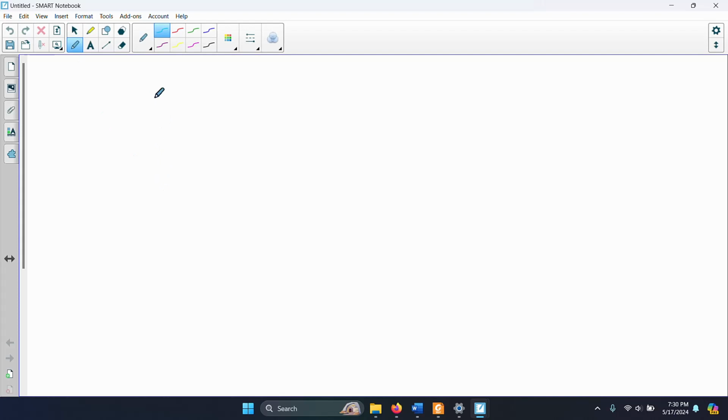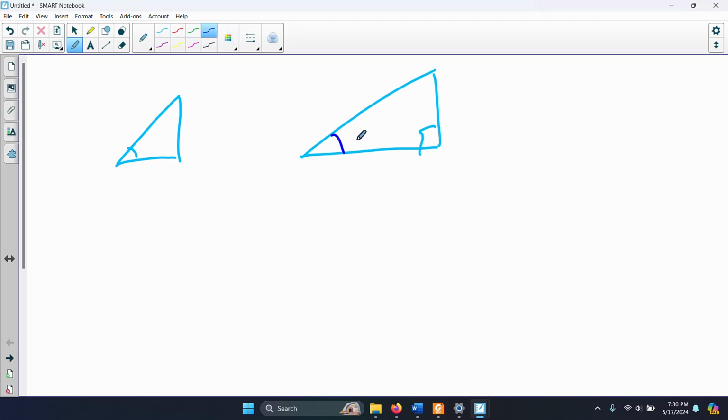Okay, so trigonometry is really, the basis of it is the study of angles within a triangle, and the relationship between the sides within the triangle and the angle that relates them. On a geometry basis, we typically start with a right triangle and we identify which angle we're going to study.